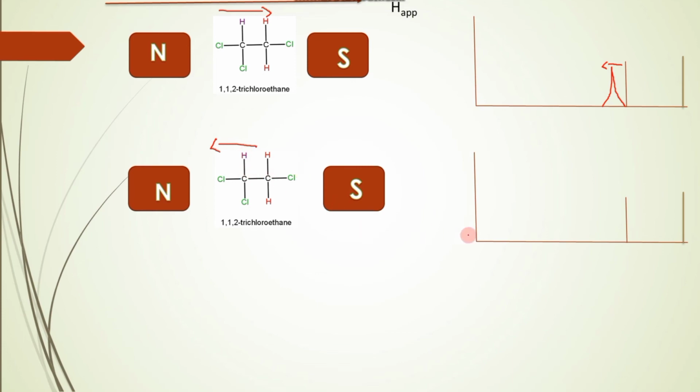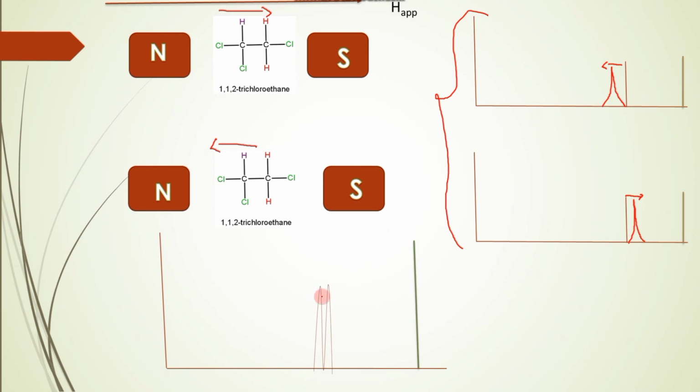So here the nucleus experiences a lesser strength, so more energy will be required. So it shifted towards higher energy. So we got a peak here. So these are the two possibilities for this CH2 proton. So finally we got two peaklets here. So here this we call a triplet, and this a doublet.